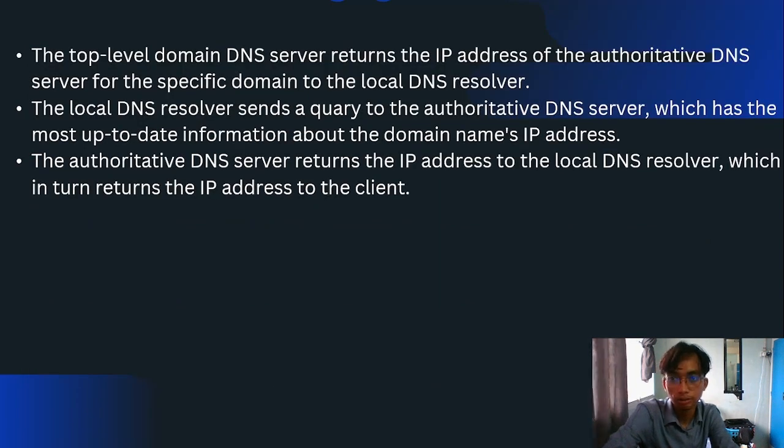The top-level domain DNS server returns the IP address of the authoritative DNS server for the specific domain to the local DNS resolver. The local DNS resolver sends a query to the authoritative DNS server, which has the most up-to-date information about the domain name's IP address.